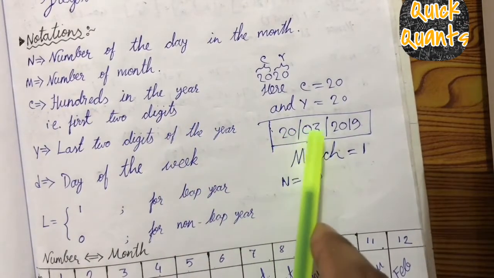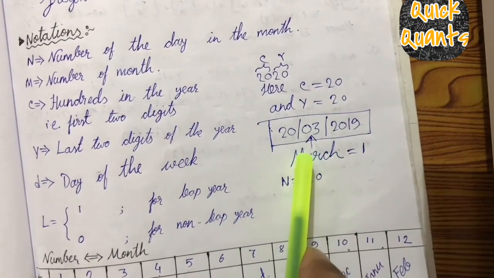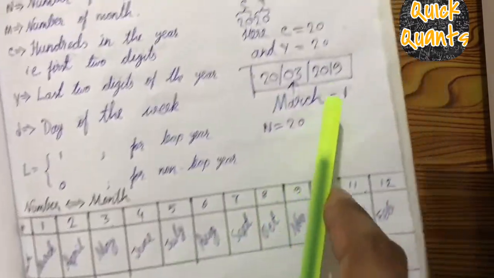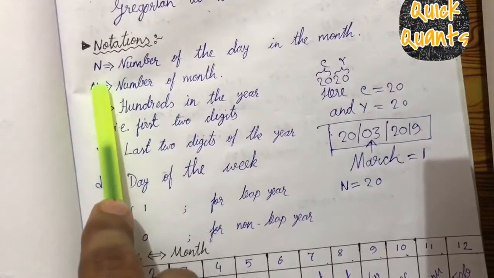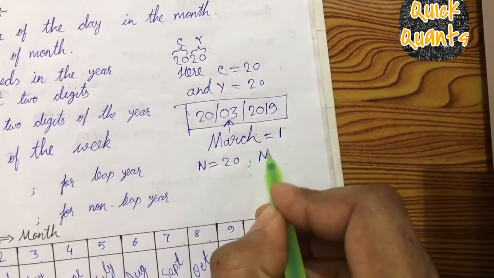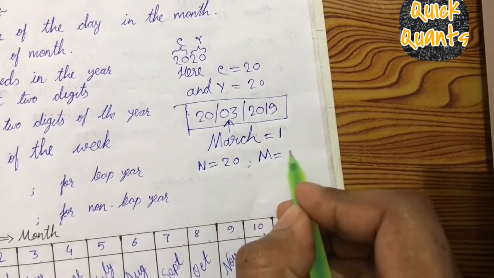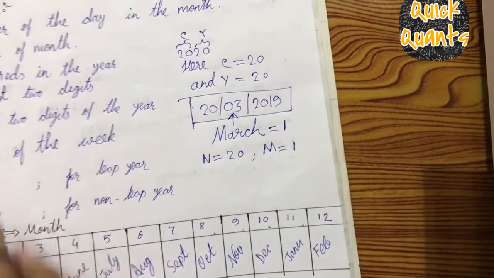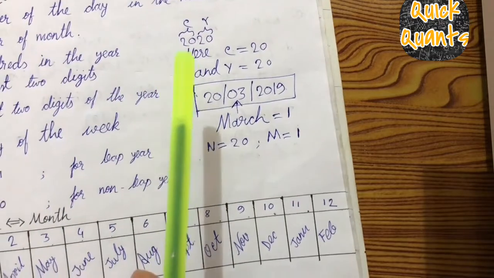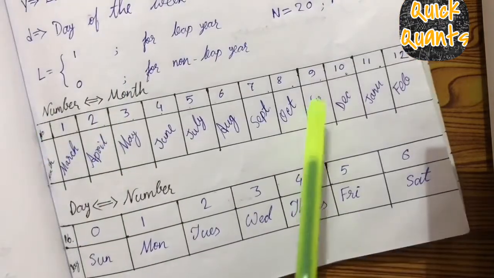March is 03, and as per this table, March is 1. M denotes the number of the month, so here M is equal to 1. Though it is 3 as usual, to calculate this we have to write it as per this table.